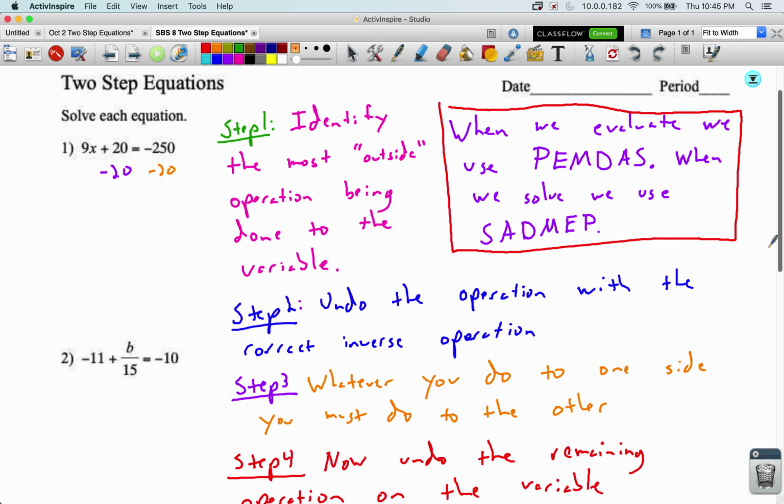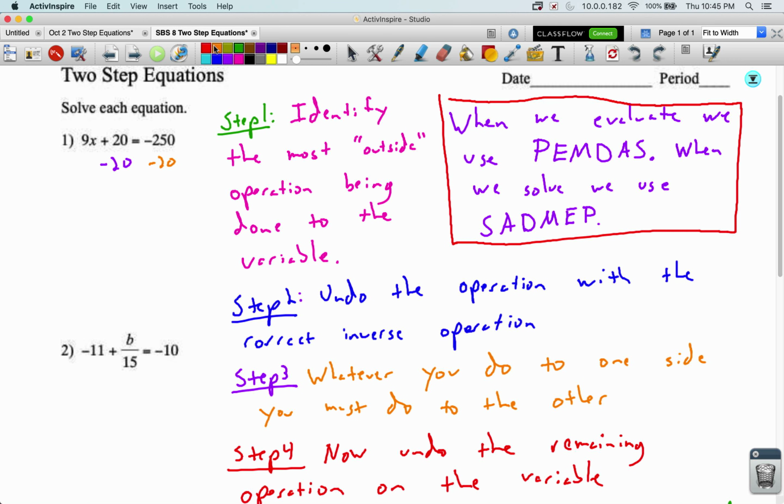Let's go ahead and finish up problem number 1. So I subtracted 20 from both sides. Now I'm left with 9x equals negative 270. After we remove the remaining operation, which is this 9 times x, I undo that with its inverse operation of divide by 9. And I get x equals negative 30.